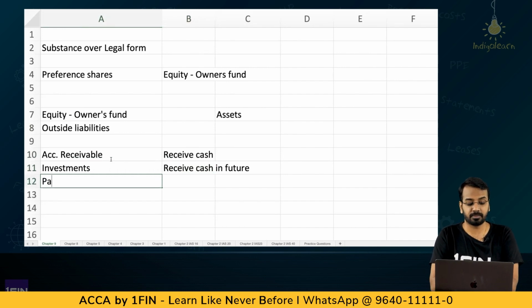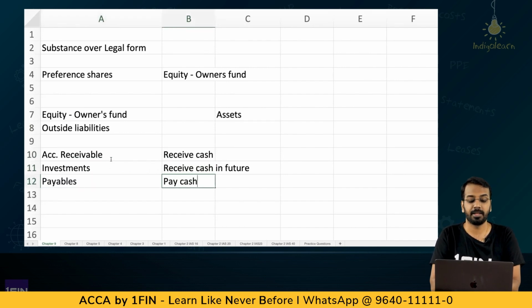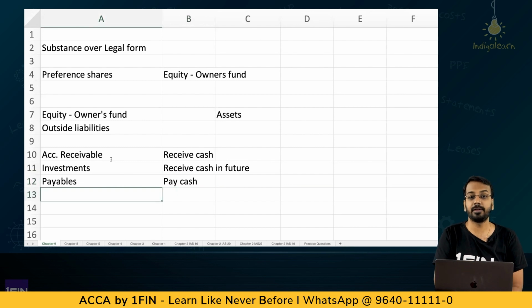Then you have payables, you have to pay cash. Wherever money is involved or related items are involved, those are covered in these topics of financial assets and financial liabilities, right? So here we'll understand what are financial assets, what are financial liabilities, and what is the meaning of equity. These are the three things we will be looking at.